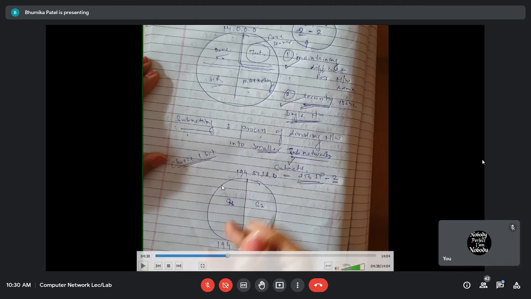Similarly, if I want to divide my network of class C or class A or class B into two parts, I am going to choose one bit. So the first part will be called subnet 1, the second part will be called subnet 2.